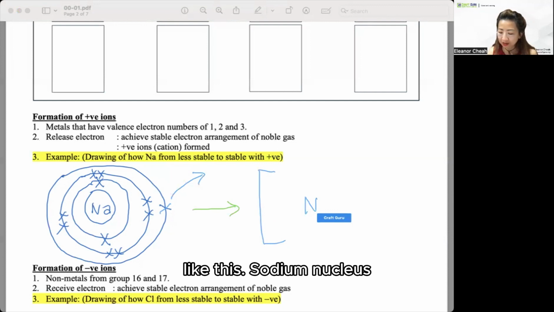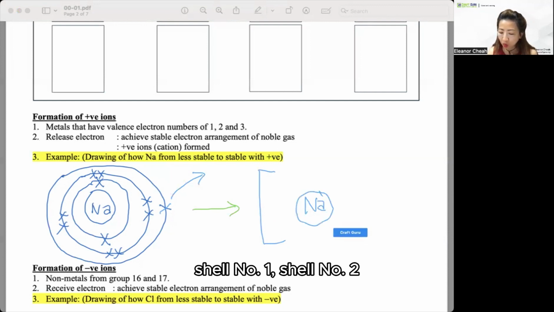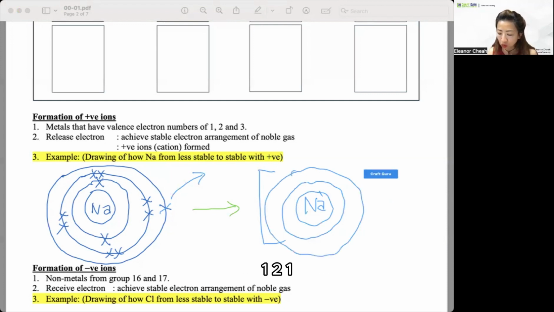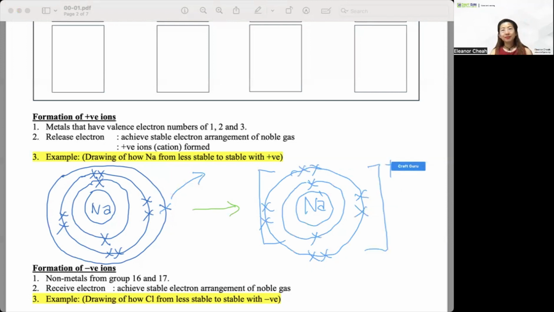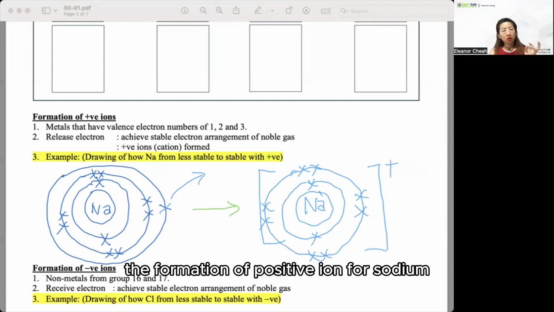Sodium nucleus, shell number 1 with 2, shell number 2 with 8, with a plus outside. This is how we draw the formation of a positive ion for sodium.